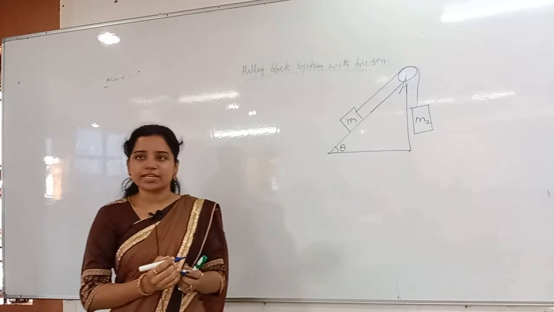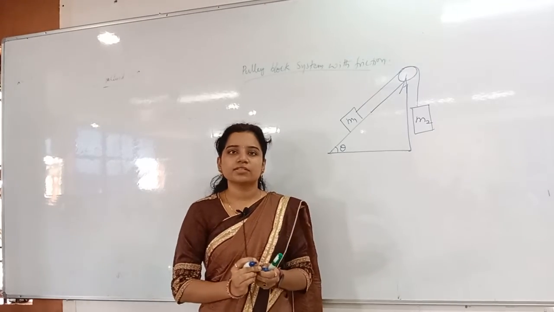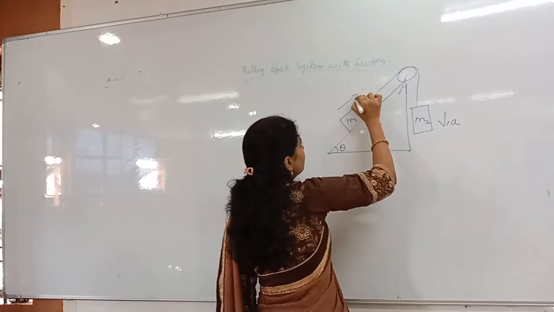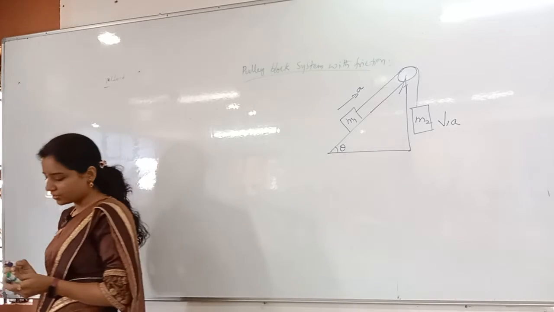Pulley block system on the inclined plane. Can you find out the acceleration and tension? The system is moving down, of course, here, like this. Try that. Try to get the acceleration and tension in the strings.